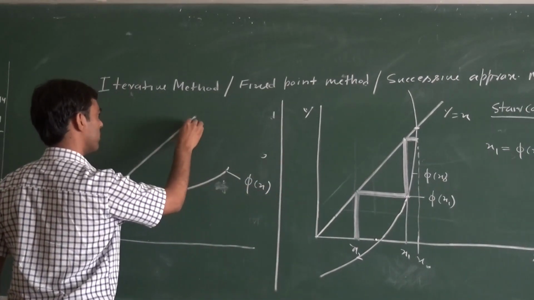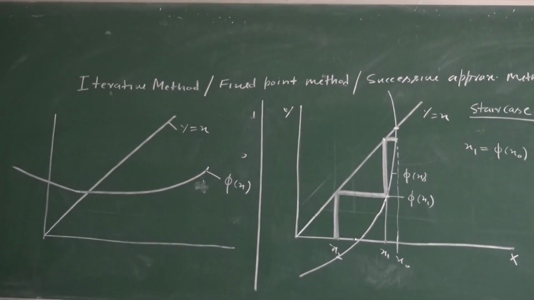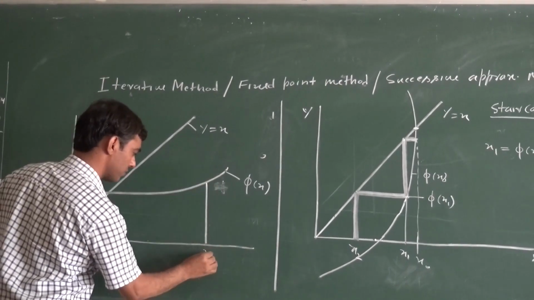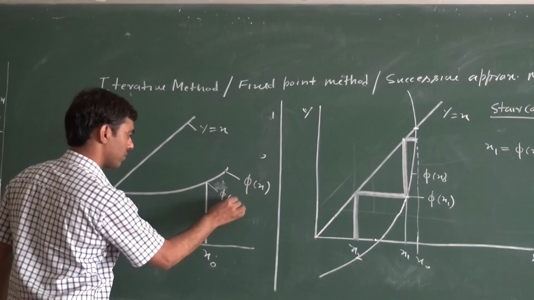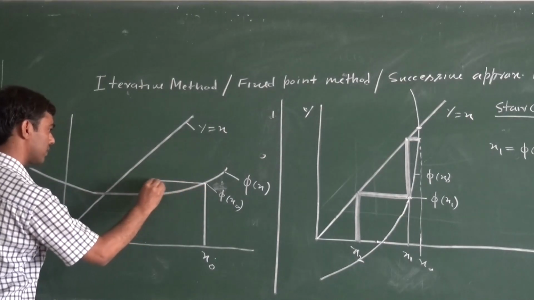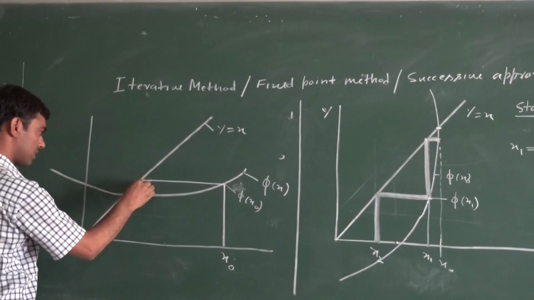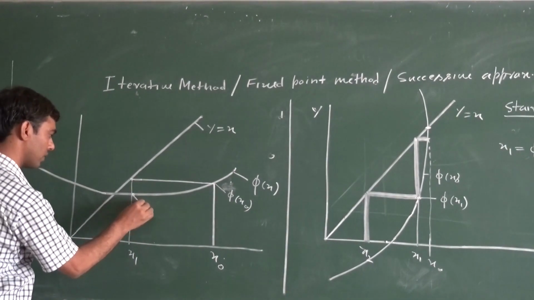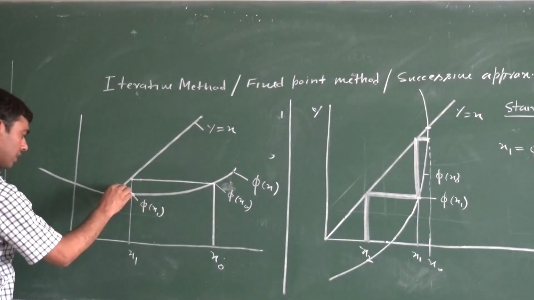If we consider the first approximate value x0, then this is phi x0, and the point of intersection with y equal x, a perpendicular here, gives the second approximate value x1, and then phi x1 and its point of intersection.